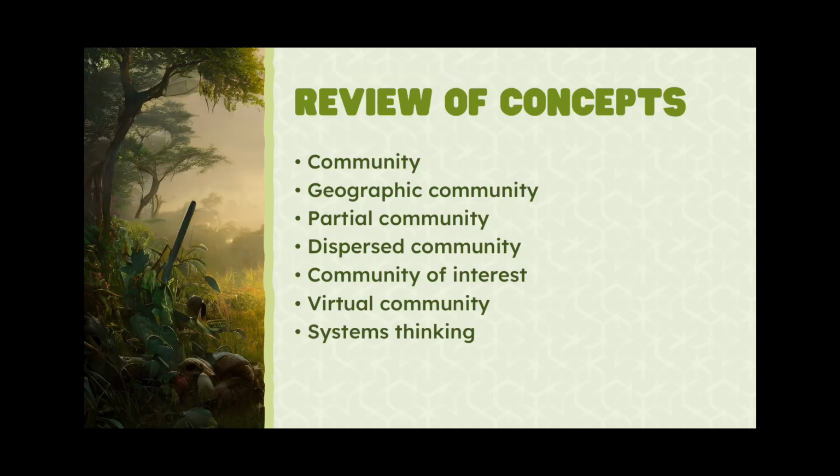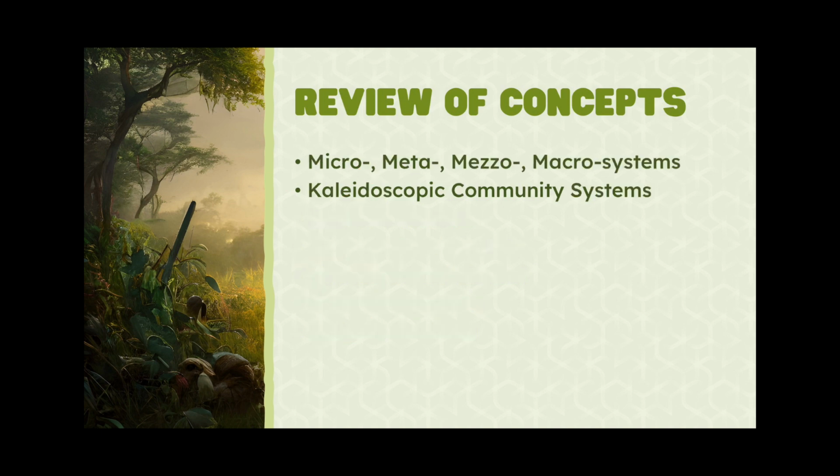So in this video lecture, we talked about these different concepts, and let me just enumerate them. We talked about the community and different types of community, including geographic community, partial community, dispersed community, community of interest, and virtual community. We also talked about human systems thinking, and the micro, meta, mezzo, macro systems, and then kaleidoscopic community systems thinking, where they have individuals, quasi-groups, primary groups, associations, and formal organizations.